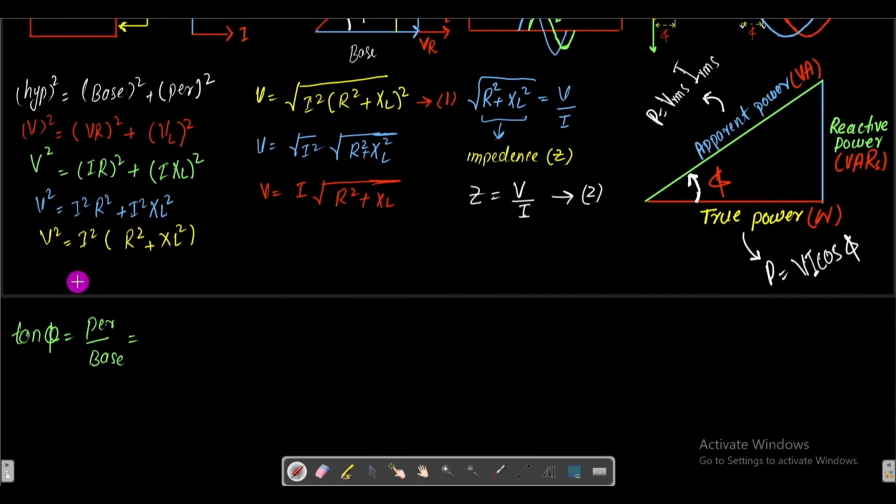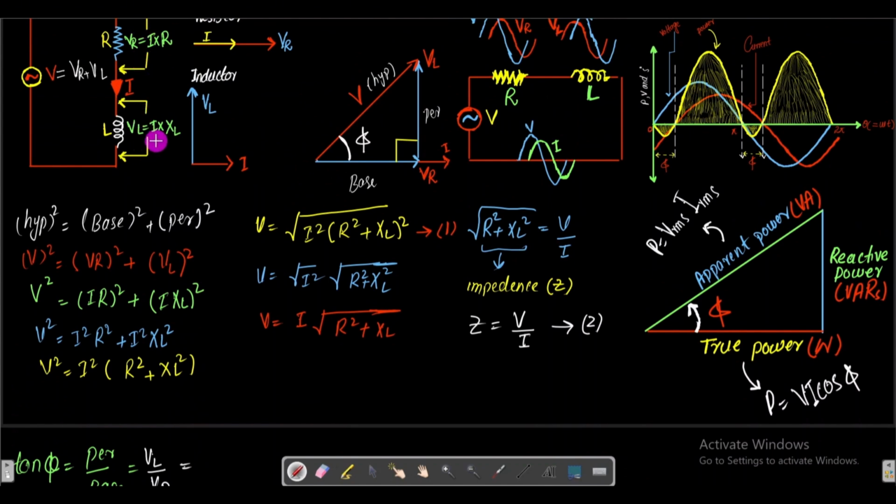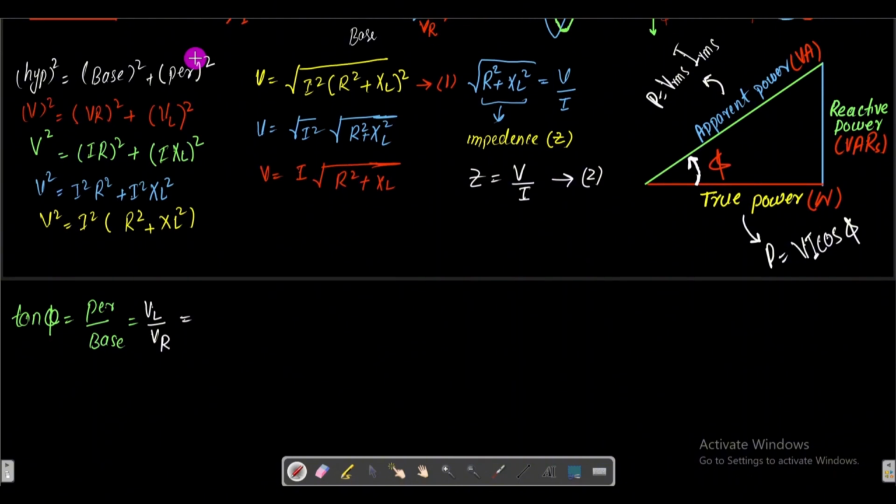So we put VL by VR, and the value of VL is I XL and the value of VR is I R. So instead of this we put I XL, the inductive reactance, divided by I R, the resistance of the resistor.